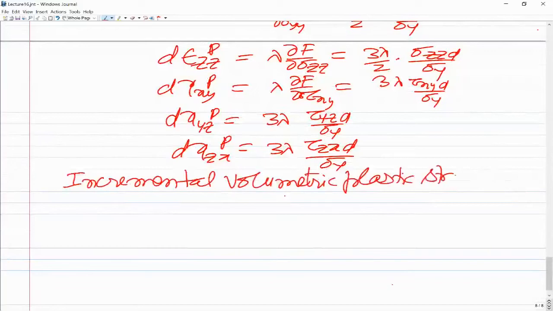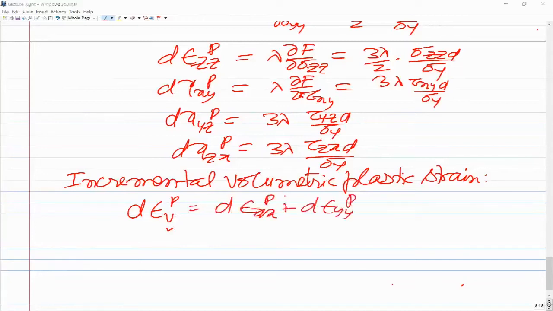We are of course considering the small deformation case. So d of epsilon vp, v for volumetric and p for plastic, and d for the increment, will actually be d of epsilon xxp plus d of epsilon yyp plus d of epsilon zzp.